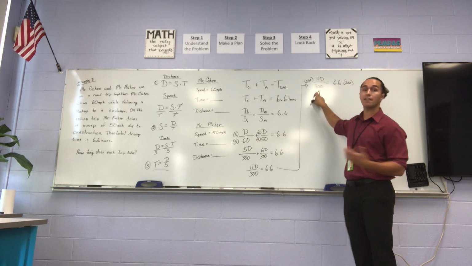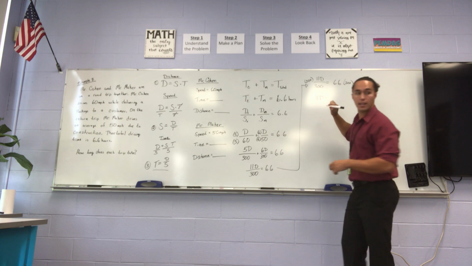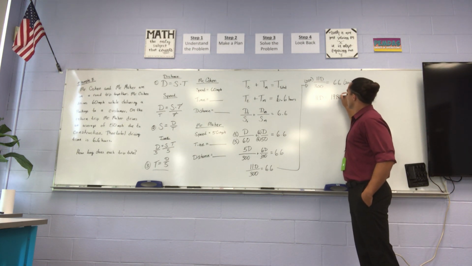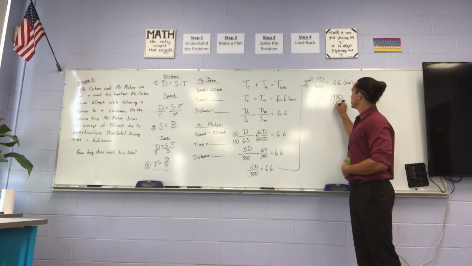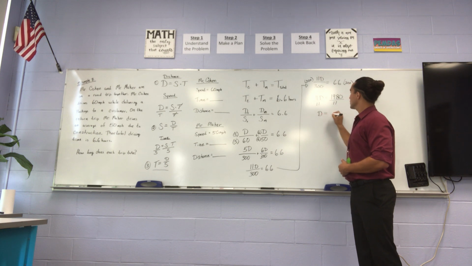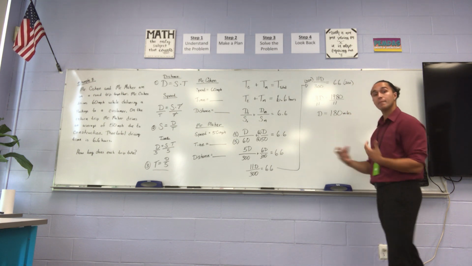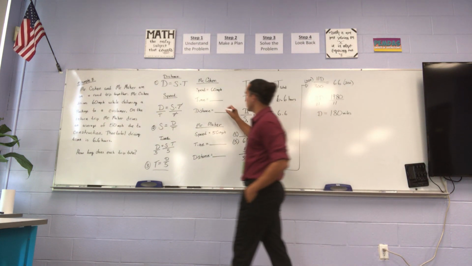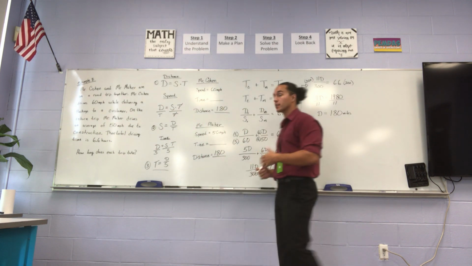By using the inverse of dividing by 300, we can see that 11d equals 1980. And we don't want 11d, we want just d. So we can conclude that our distance equals 180 miles. So it's 180 miles there and 180 miles back.